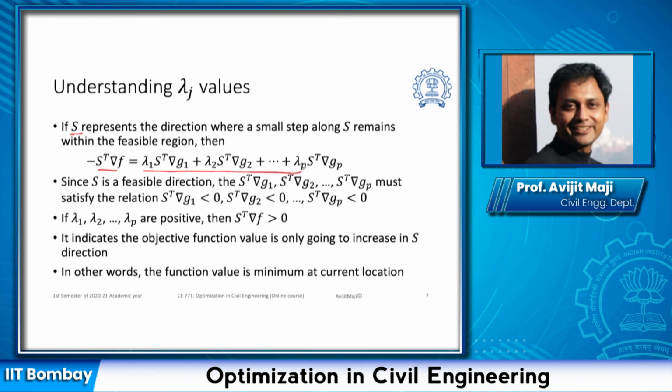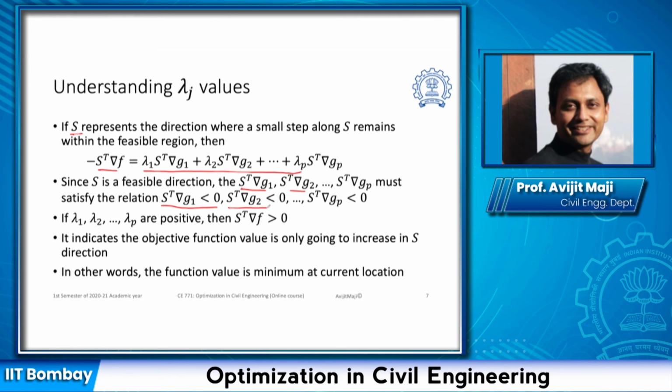Now, as we said, the search direction is a feasible direction where we can take a small step without leaving the feasible search space. So when we pre-multiply the search direction with the gradient of the constraints, it must satisfy the relation of the constraints, which are less than 0, as those constraints were considered at the beginning.